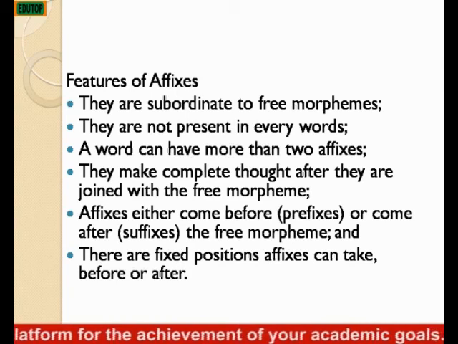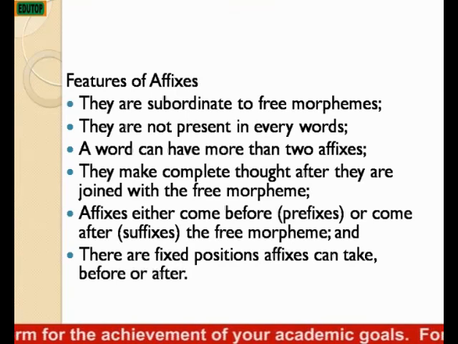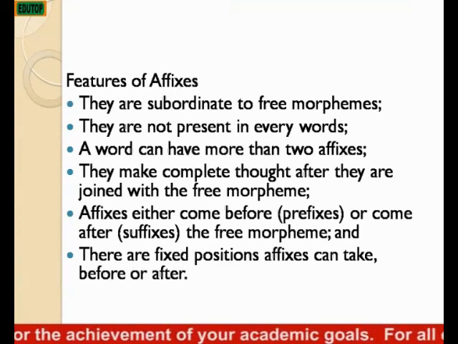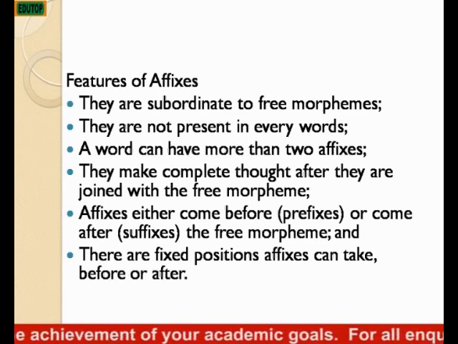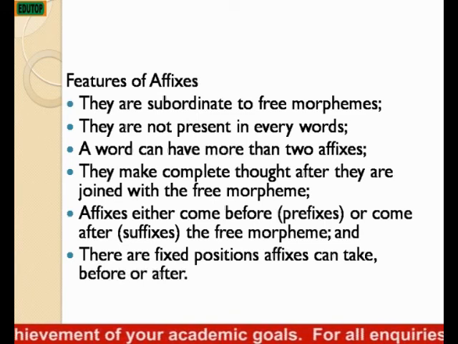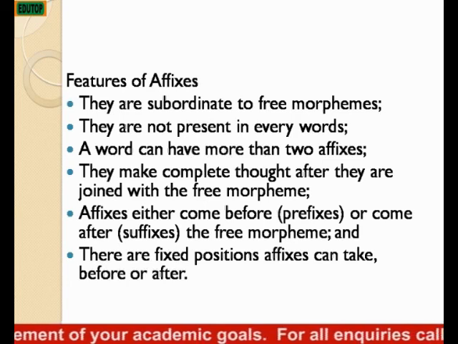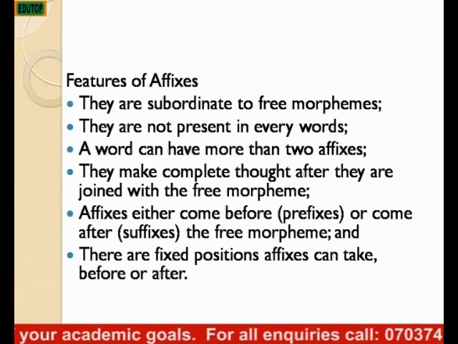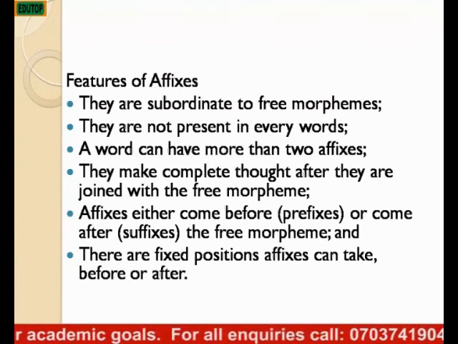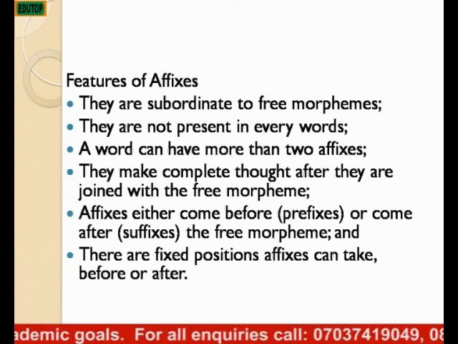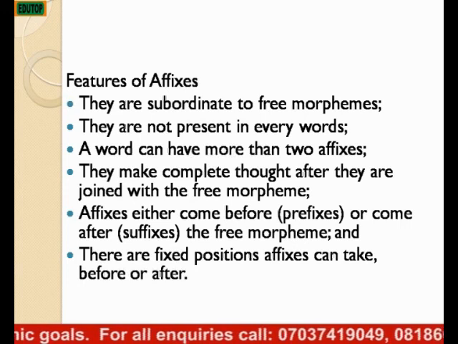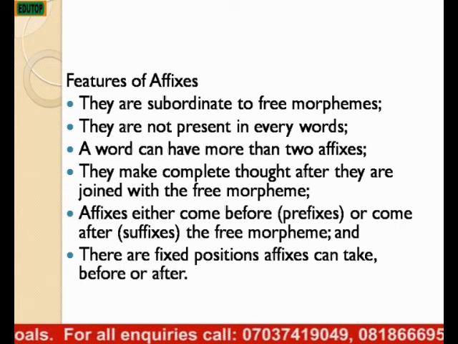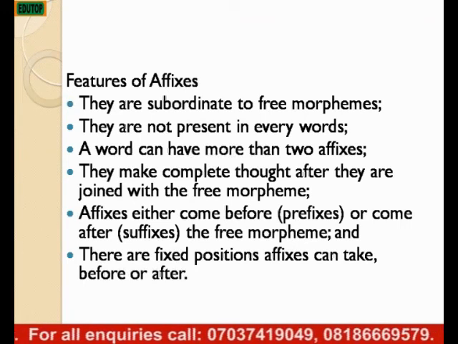Affixes make complete thoughts when they are joined with the free morpheme. So until they are joined with the free morpheme, they cannot make a complete thought. Affixes either come before or after the free morpheme. And you should bear in mind that the one that comes before is called prefix, while the one that comes after is called suffix.